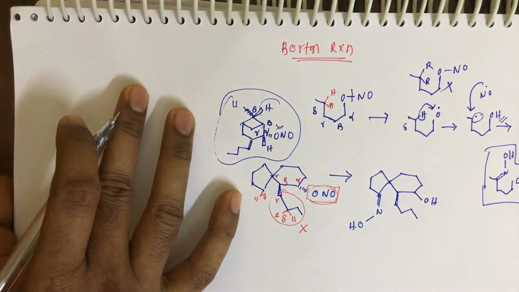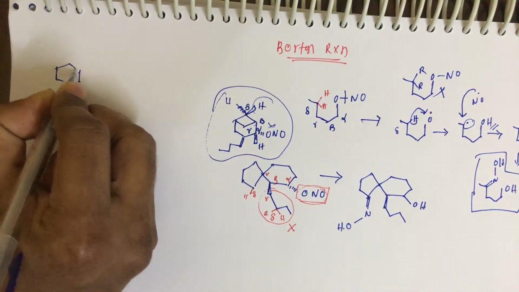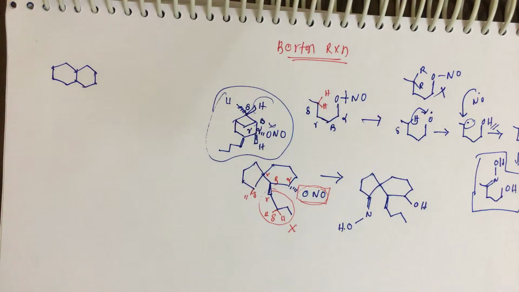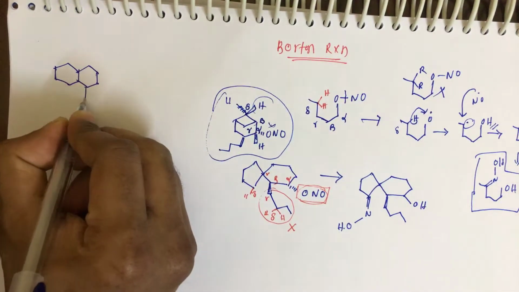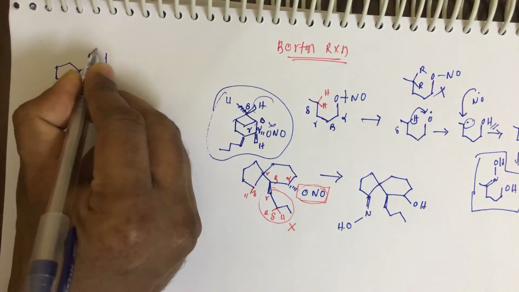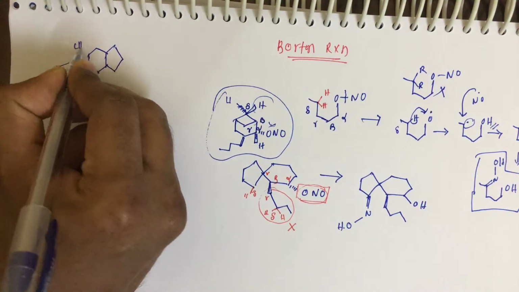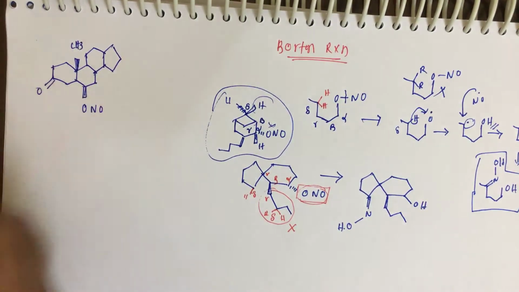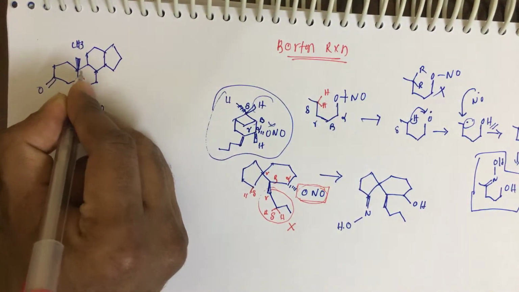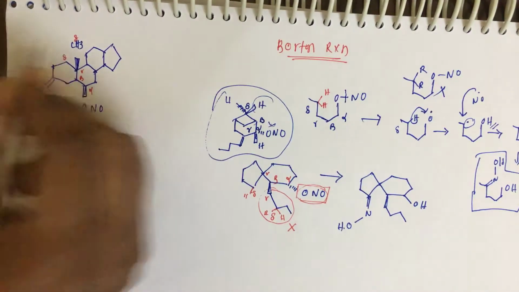Then we have ONO here, and here we have a methyl group. Now this is alpha, beta, gamma, delta, gamma, delta.